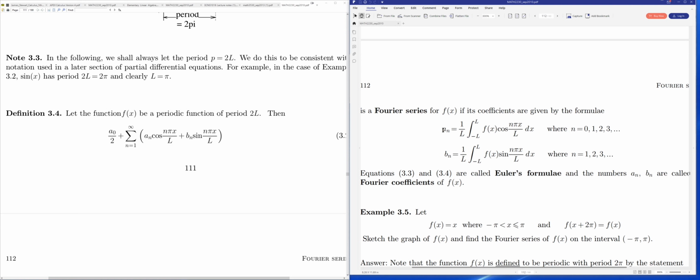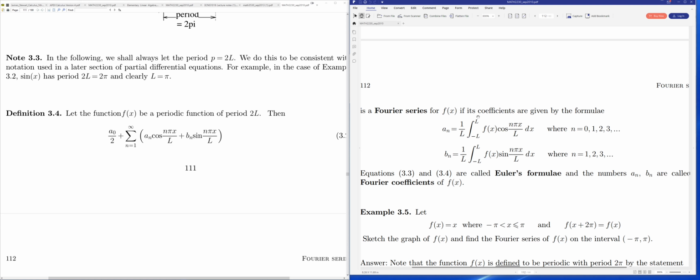Okay, so to get the an, the coefficient a0 over 2 and the coefficient of the cosine terms, you take the function that is given to you, multiply it by this cosine term, and integrate it between minus L and L. Notice where the L is coming from: we're going to be taking Fourier series of periodic functions with period 2L.